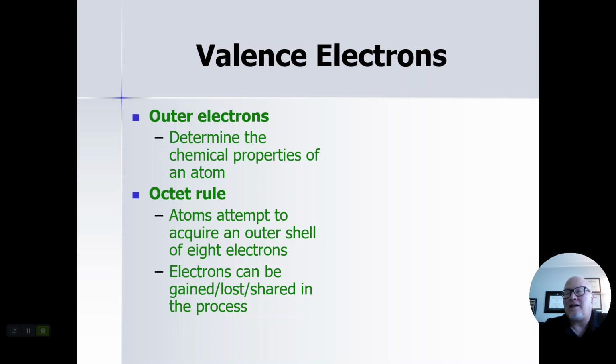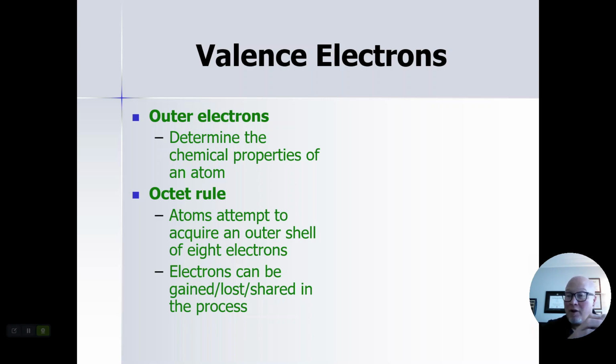That is that an atom is most stable when it has a full outer shell of electrons, even if it becomes electrically positive or electrically negative by adding or taking away electrons. Adding electrons makes it electrically negative. Taking away electrons makes it electrically positive.